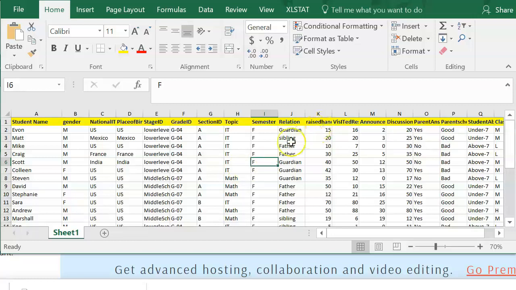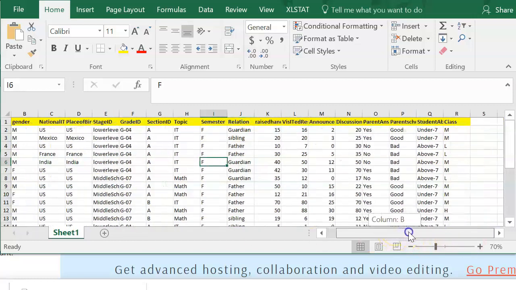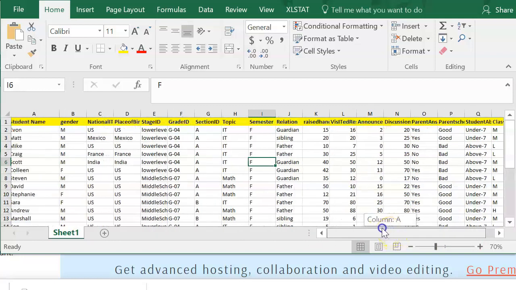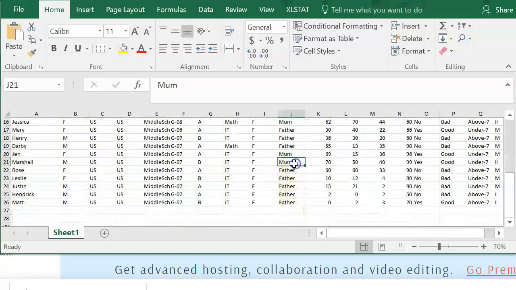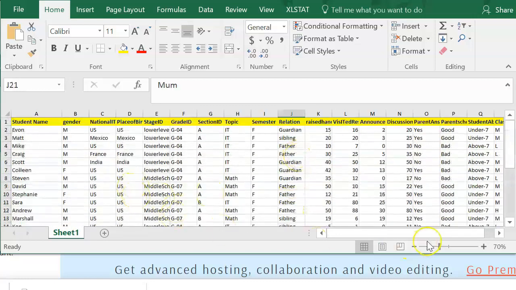So here we are just using a variable called discussion. Discussion is the points which we derive, and the relation here is guardian, sibling, father or mom. So this student, column A, would be related to column J based upon the discussion.